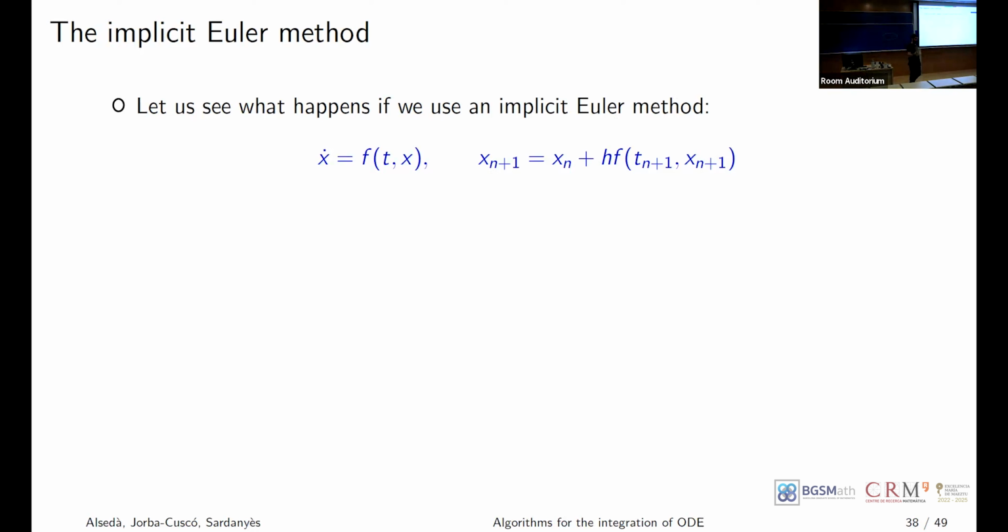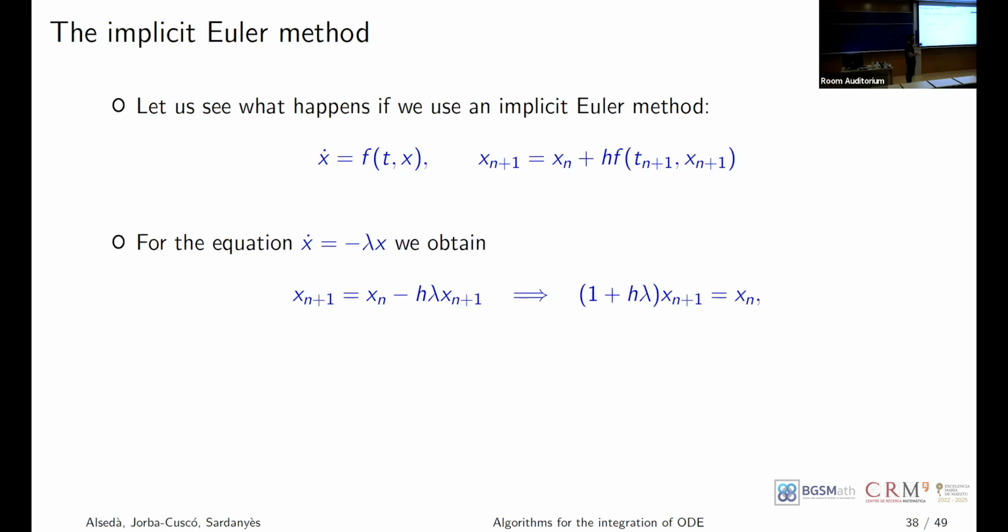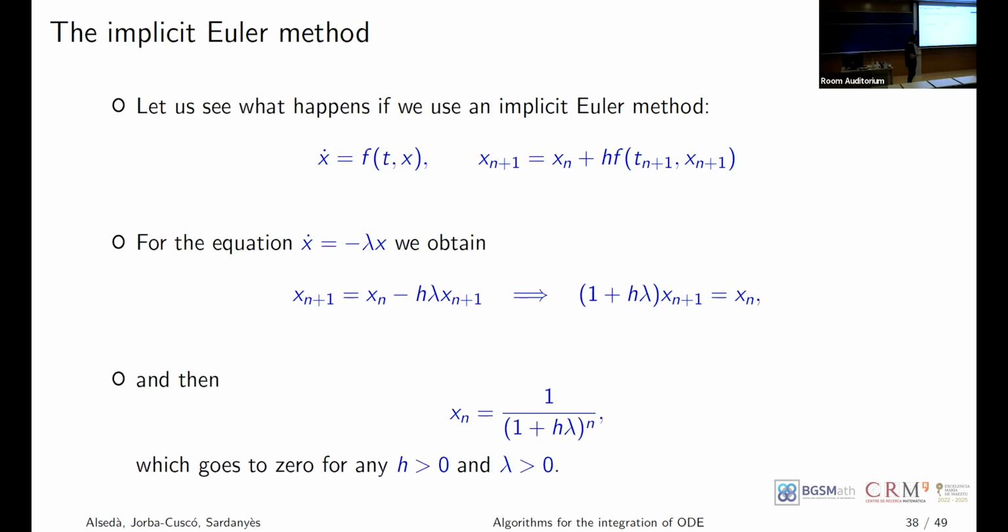To predict, you do the step, but you need, as an extra step, to solve an equation. So I apply this to the very same equation, the linear equation x dot equal to minus lambda x, and I get a similar expression, and I compute again the nth iteration. So I end up with something like this.